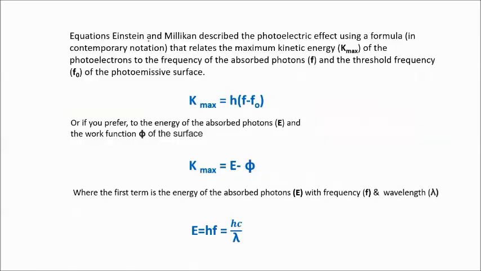So we have the Einstein-Millikan equation to describe the photoelectric effect using the formula, in contemporary notation, relating the maximum kinetic energy of the photoelectrons to the absorbed photons and the threshold frequency.